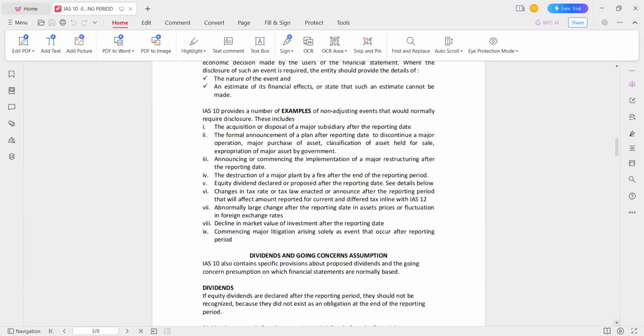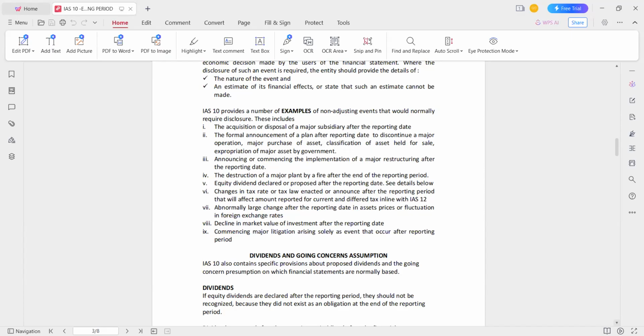Two, announcement of a plan after the reporting date to discontinue a major operation. If an entity wants to discontinue a major operation, or a major purchase of an asset, when the decision is made, or classification of an asset as held for sale, or expropriation of a major asset by the government.